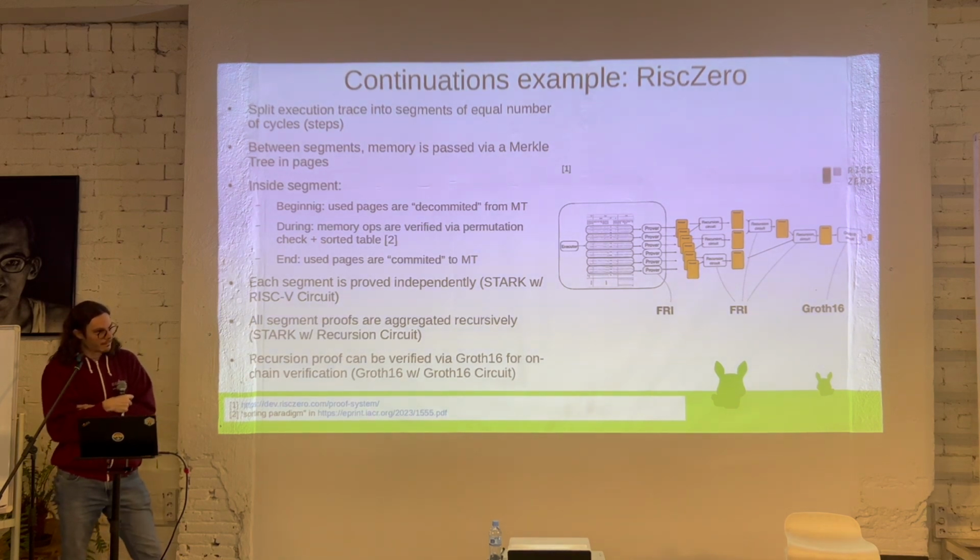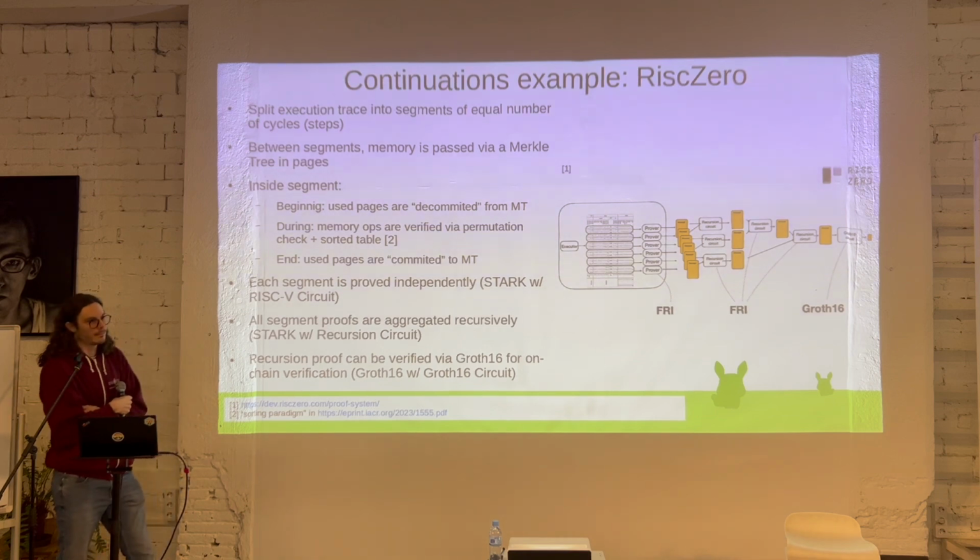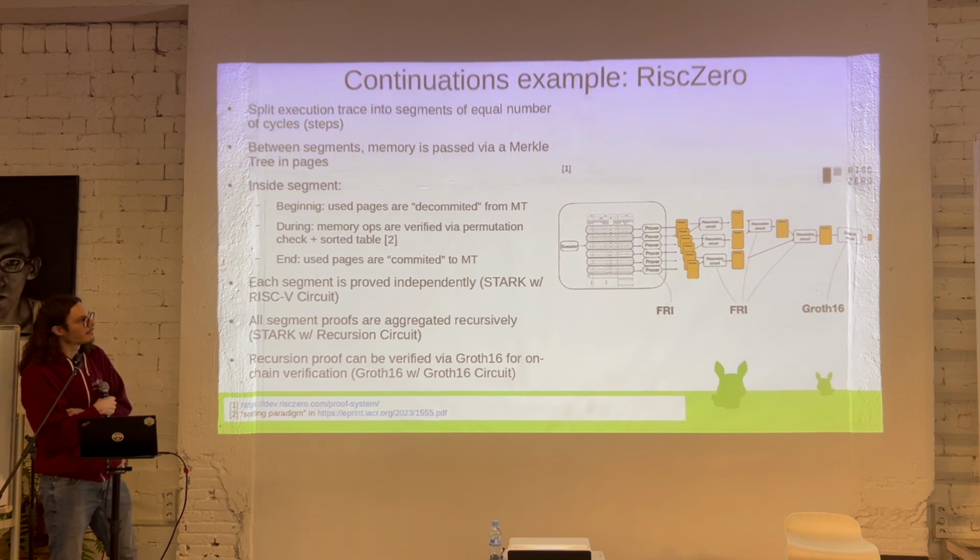Yes, one question about the slide. You have said that you can prove the segments independently, but the execution of these segments is not independent of each other, because the input of the subsequent segment is exactly the output of the previous one, and the ordering is also important.